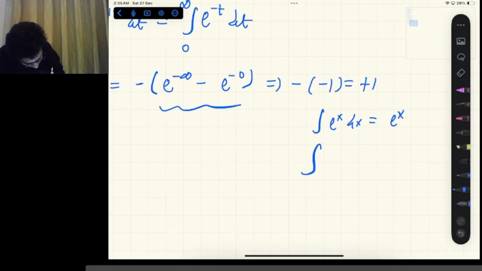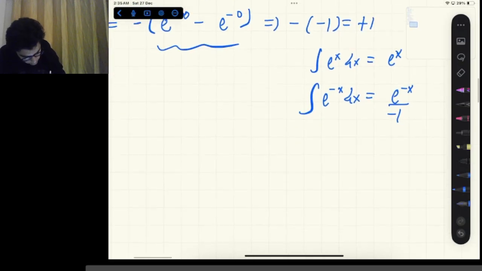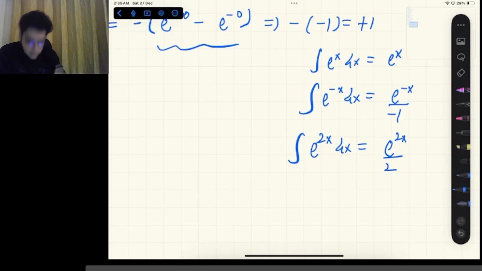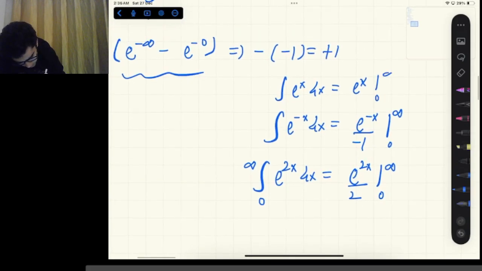And if I have the integral of e to the power minus x dx, this becomes minus e to the power minus x. And if I have e to the power 2x dx, this becomes e to the power 2x divided by 2. But now I also had limits here from 0 to infinity, so I just substituted the limits here.